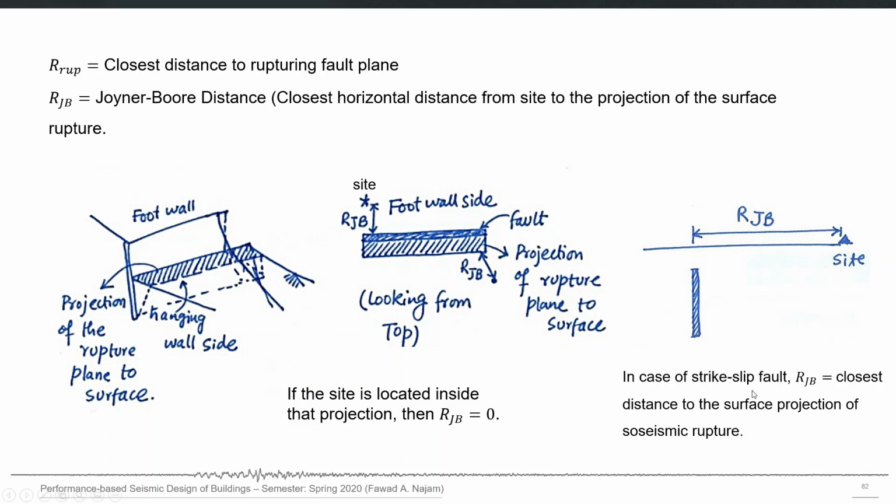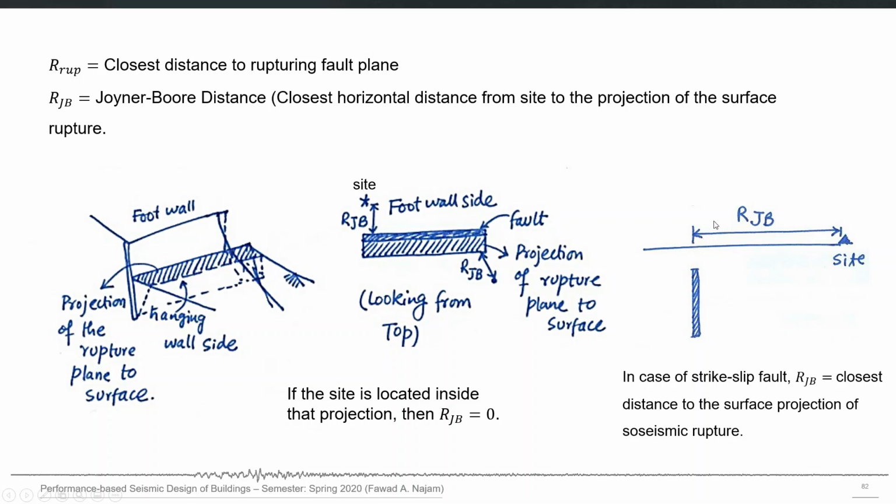So in case of a strike slip fault, RJB will become the closest distance to the surface projection of the seismic rupture, because if the rupture plane is not inclined, you may not have its projection on top. If the rupture plane is vertical like this, in case of a strike slip fault, then the projection on the surface will be only this point, and from that point to your site will become your RJB.